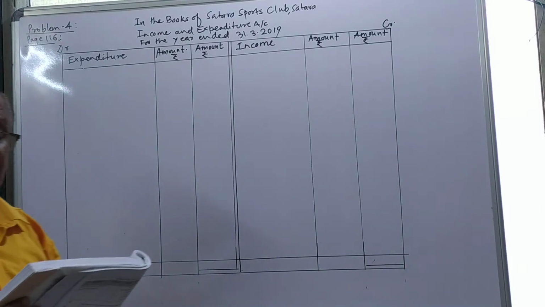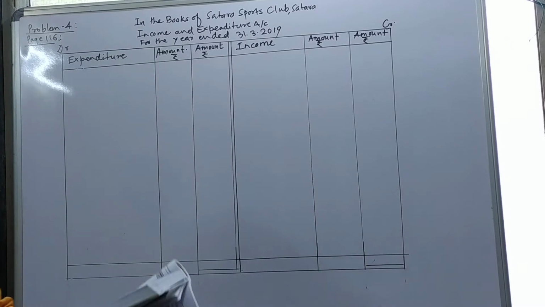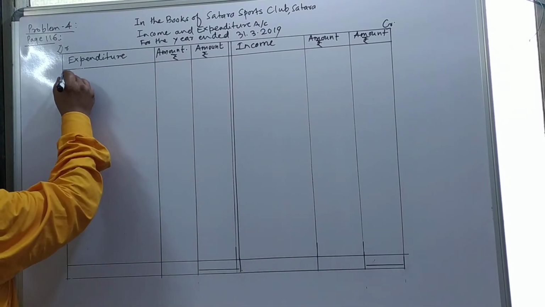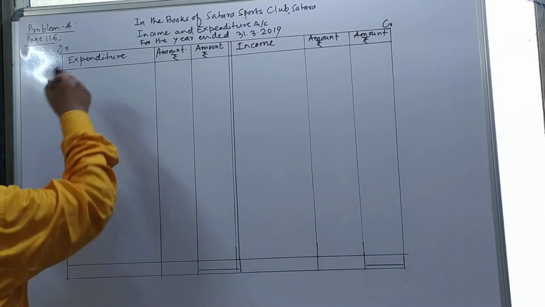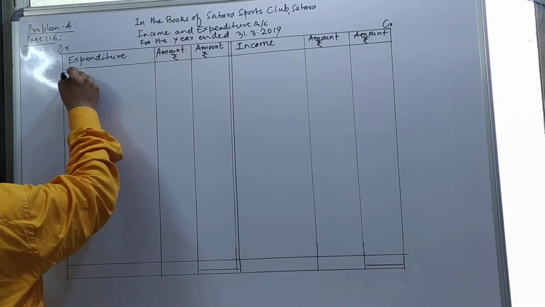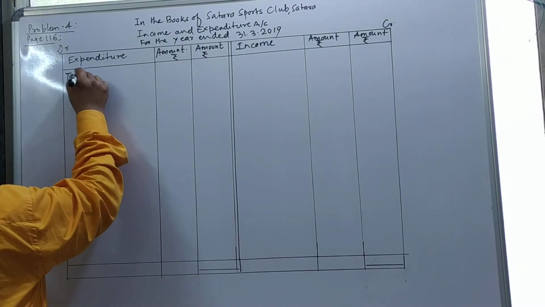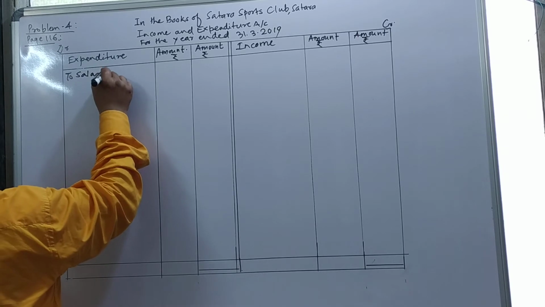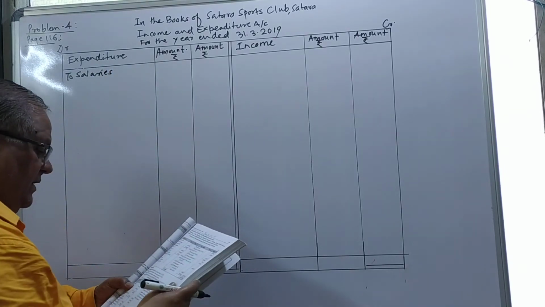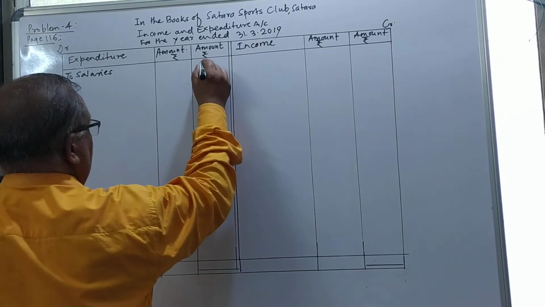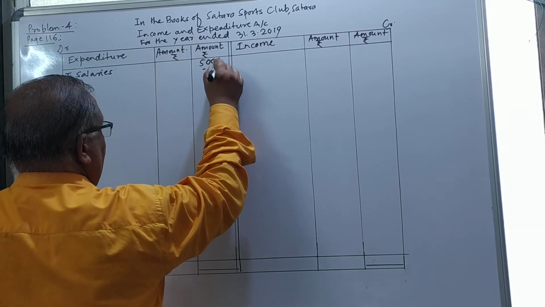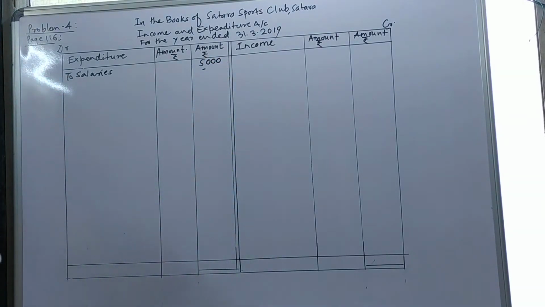First is salaries, and for salaries there is no adjustment, so I write salaries here. The salary given in the problem is 5,000. I directly write 5,000 in the outer column, no adjustment on this ground.